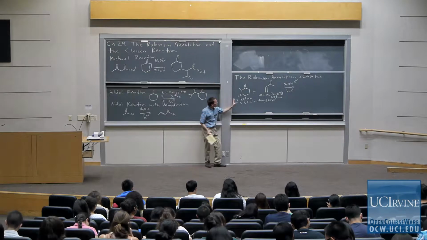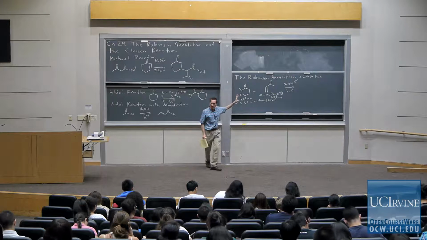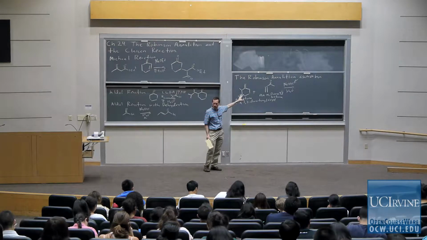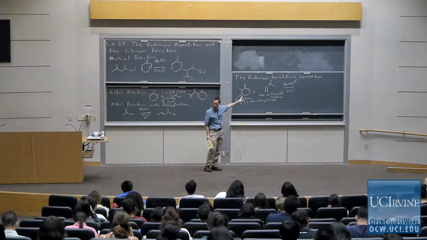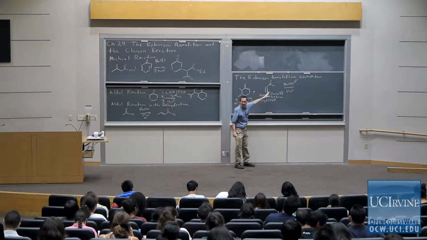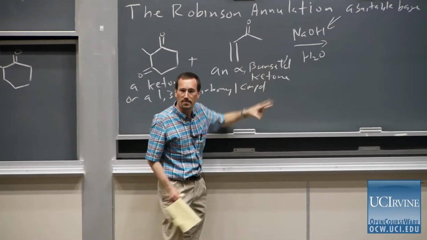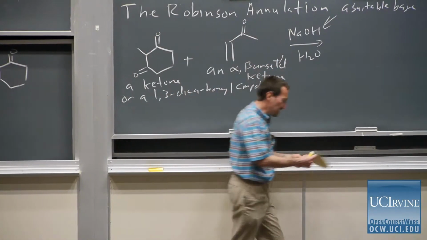But okay, here's the real beauty. So we mix these two components together, our carbonyl compound, ketone or 1,3-dicarbonyl compound, something that can form an enolate, and an alpha beta unsaturated carbonyl compound, something we've seen as a Michael acceptor, in the presence of base.